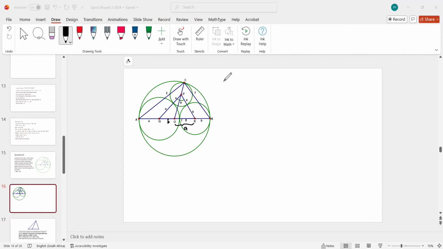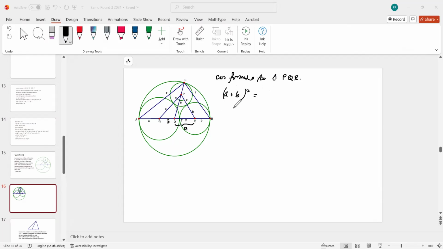So cosine formula. So what does it say? I'm going to apply the full cosine formula to this triangle here, PQR. Okay, I've got cos theta. Let's look at the side opposite cos theta. A plus B all squared.